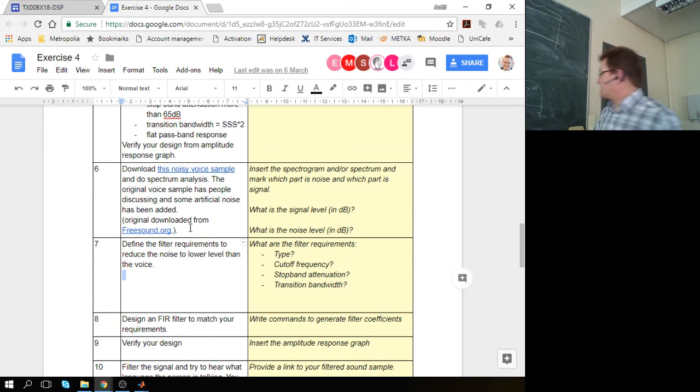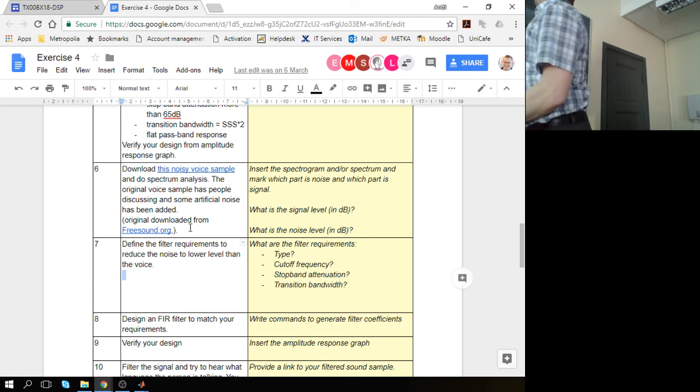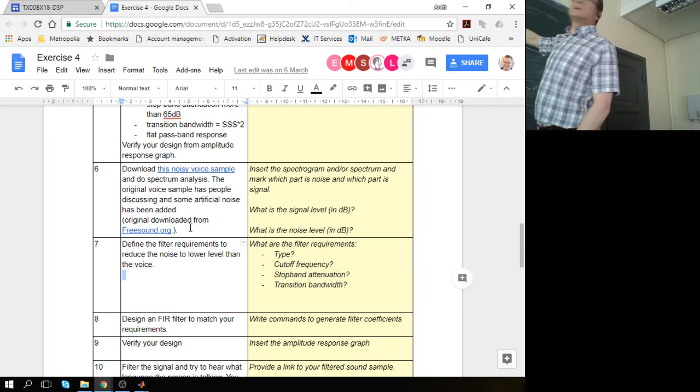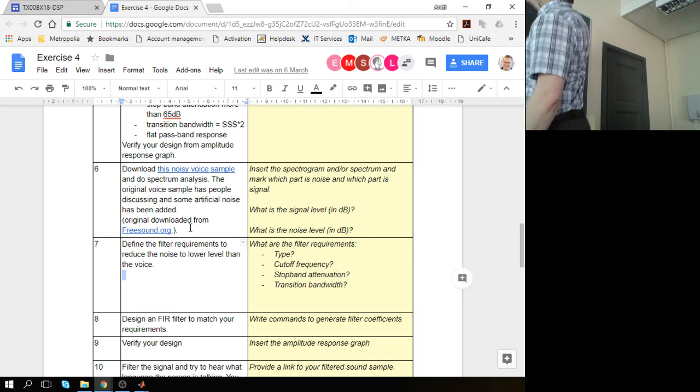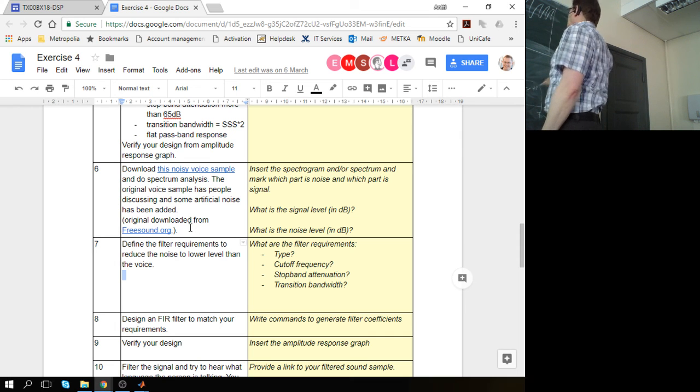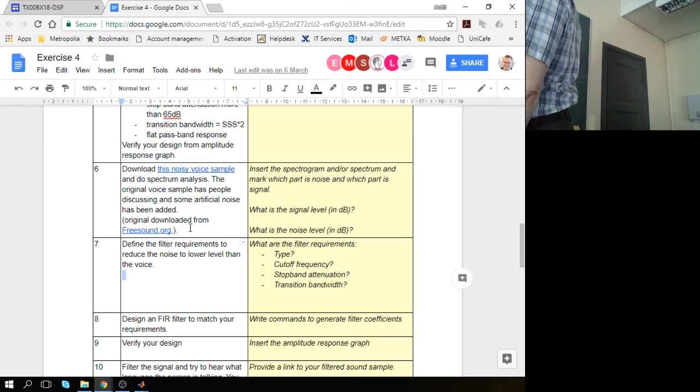Okay, on the sixth exercise, there's a voice and noise. If I remember it correctly, it looks something like that. There's some voice here, and then it has a very high noisy part.